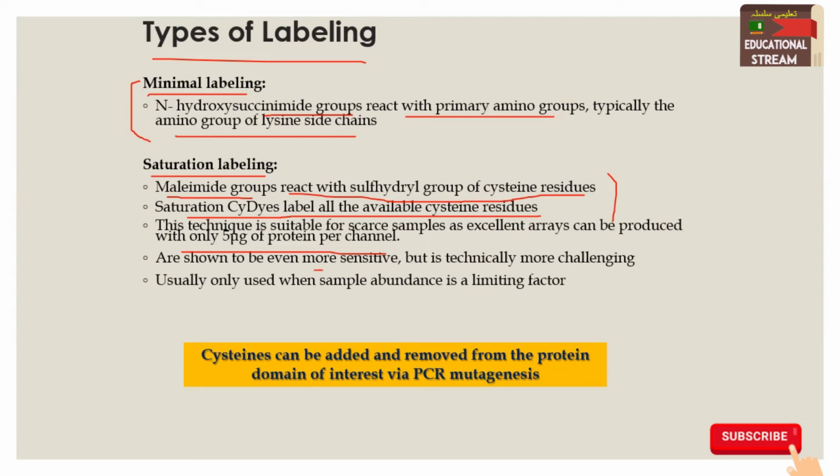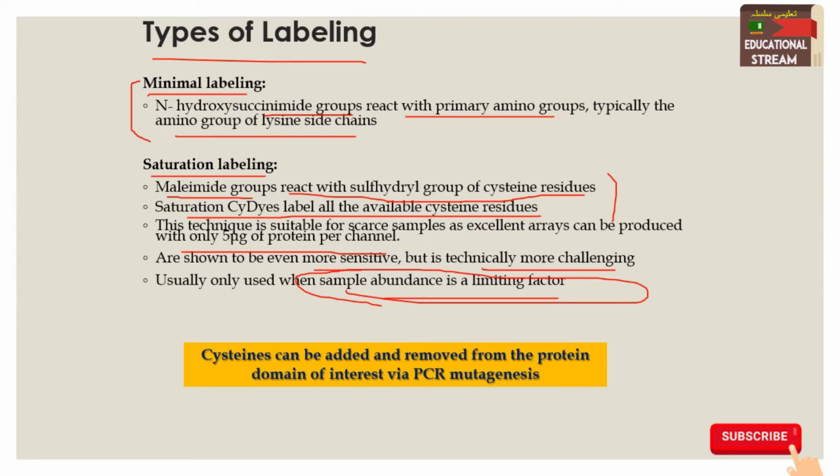They are even more sensitive, but it is technically more challenging. Usually only used when sample abundance is a limiting factor. So if we can't take sample in a large quantity, then we move towards the saturation labeling, otherwise we can go for the minimal labeling.